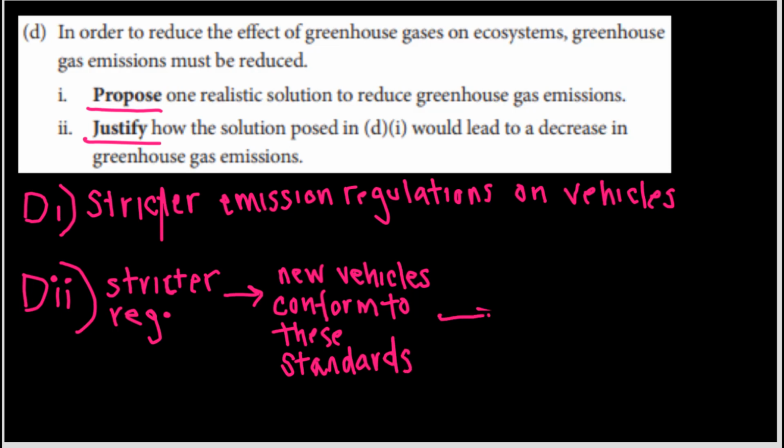I'm going to write this not in sentence form, but you need to write in sentence form; like I said, it'll take me forever. Okay, and if new vehicles are conforming to these standards, that means they're going to have lower emissions, which means they're going to produce less greenhouse gases. You could say lower emissions, especially carbon dioxide, or you could just say lower emissions. So that's how you would work through this type of FRQ.